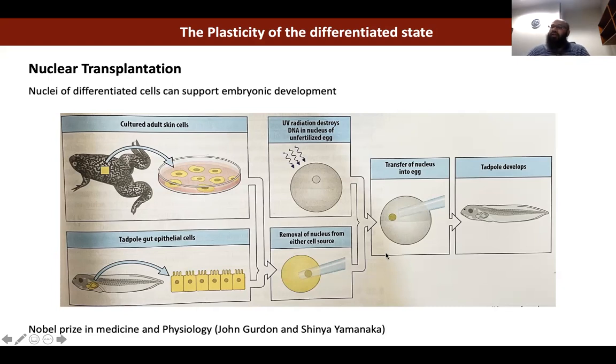And that discovery led to the belief that there are factors in the cytoplasm which dictate the whole developmental regime. Whatever is inside the nucleus is quite plastic in nature.